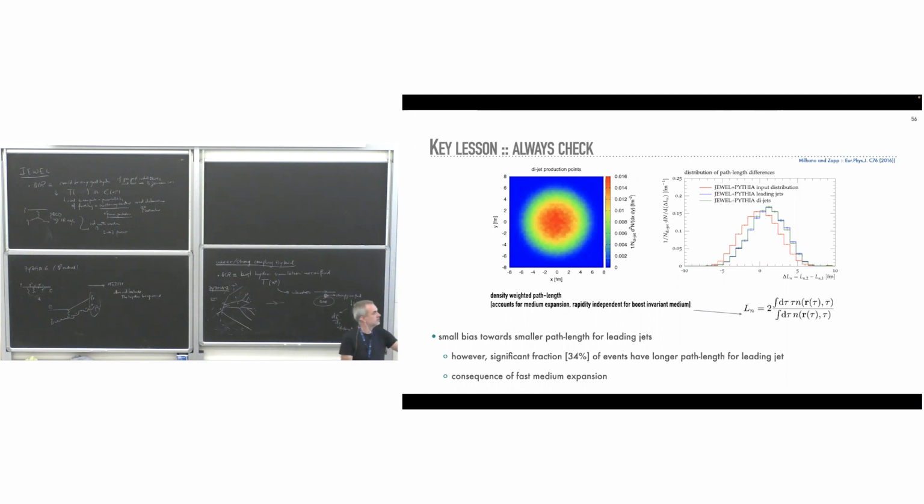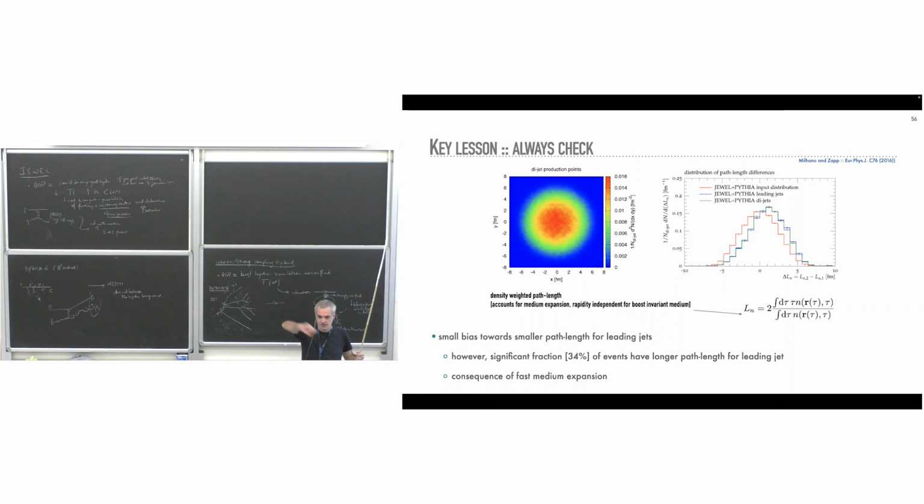Except that of the distribution, about a third is the other way around in Joule. In about a third of the cases, the jet that traveled a larger distance in the medium, or the jet that encountered less matter, because this distance is already an equivalent distance.